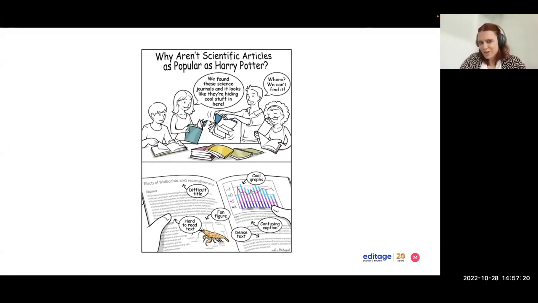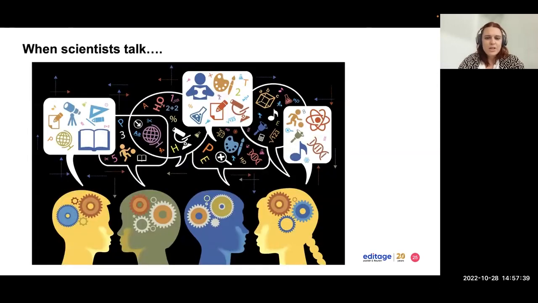While scientific articles aren't as popular as Harry Potter, there is a way to make them a lot more popular in the scientific community by making them better understandable through our communication of those results. But you need to understand that scientists don't always talk the same language together.